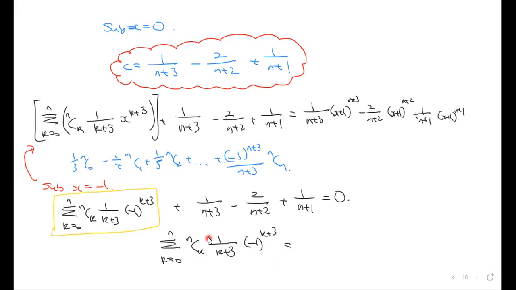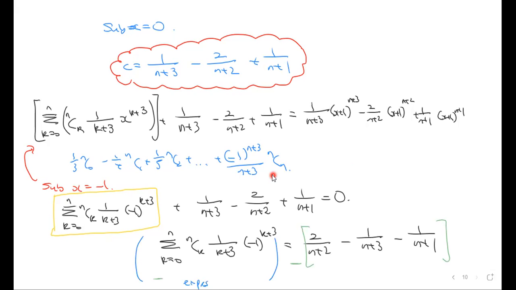So far this will be 2 over n plus 2 minus 1 over n plus 3 minus 1 over n plus 1. The expression they want us to get is going to be the negative of that. So the negative of this thing. And this is what we want. This is the expression we want. Or the left-hand side anyway.